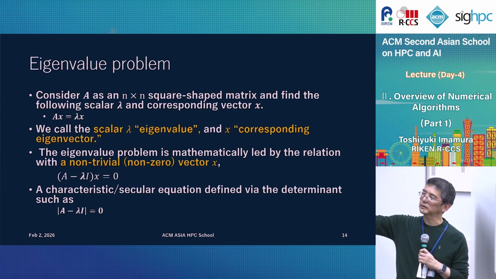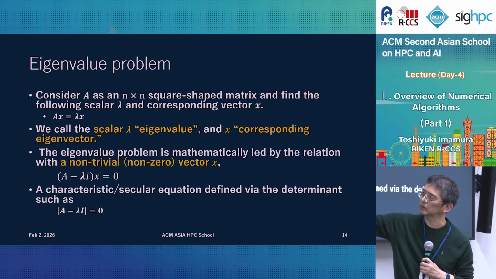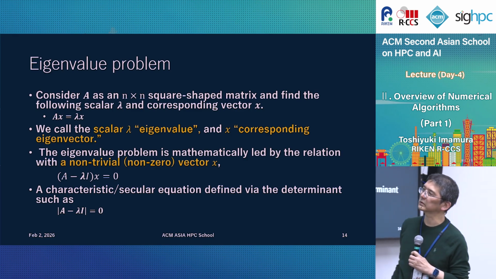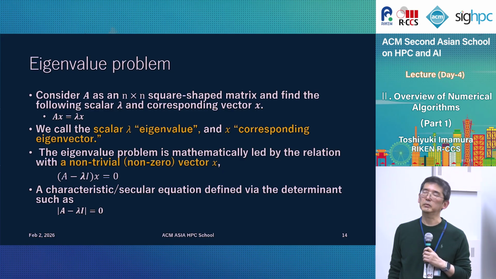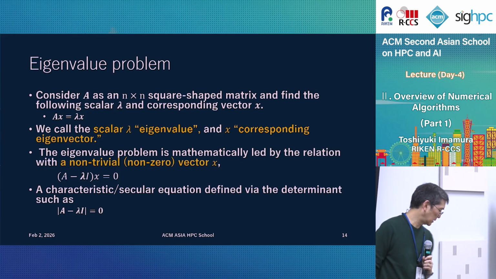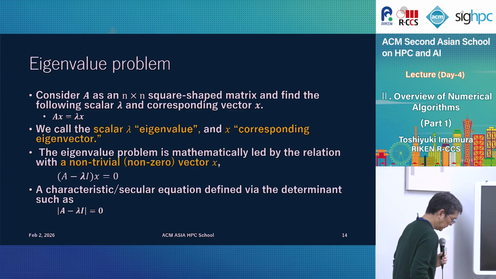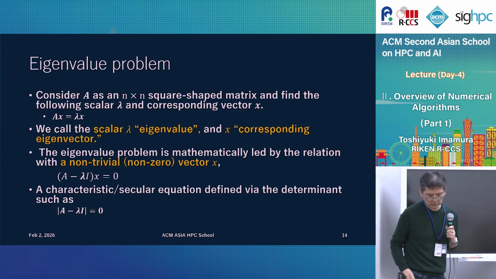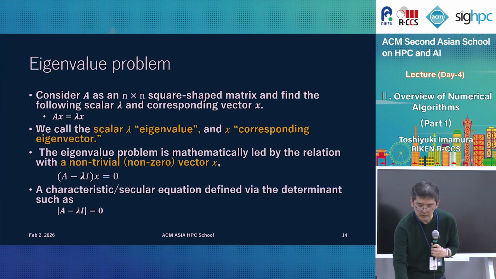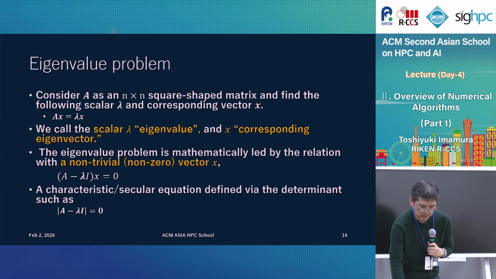Here we don't have any x, but we can input lambda into this relation and find the eigenvector x. This is the mathematical definition of the eigenvalues and eigenvectors.